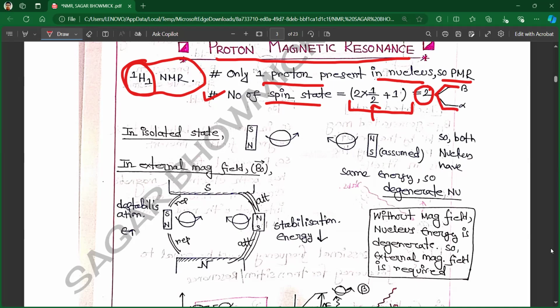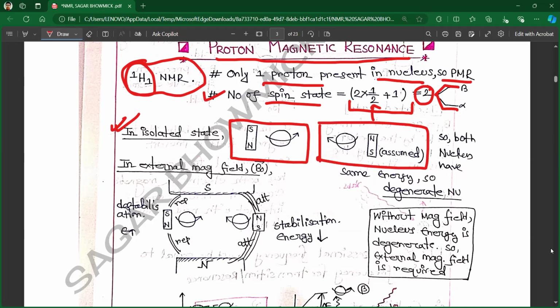Now in isolated state, what does this mean? In isolated state means there is no magnetic field surrounding this proton. Suppose I have one proton. So this proton will either have spin in clockwise direction or spin in anti-clockwise direction.